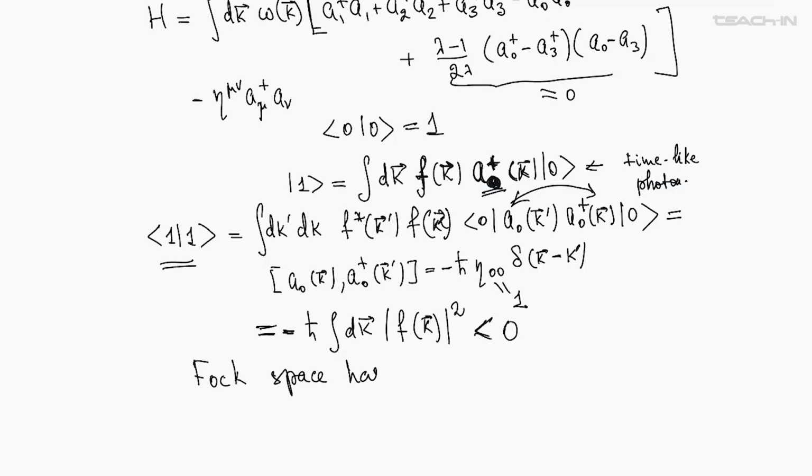And that, of course, is unacceptable because we would like all the states to be physical and obviously have positive or non-negative norm at least. So having states with negative norm is physically unacceptable.